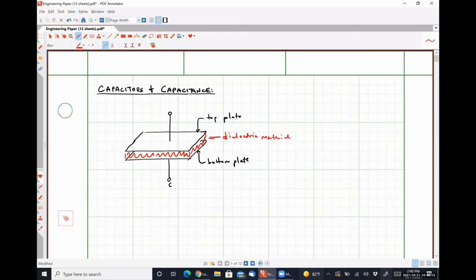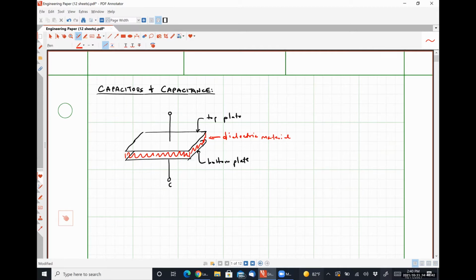Now, this dielectric material, depending on the type of capacitor, could be air, could be vacuum, so actually nothing, could be ceramic materials. Effectively, it just needs to be some sort of insulating material so that current cannot flow easily from the top plate to the bottom plate.